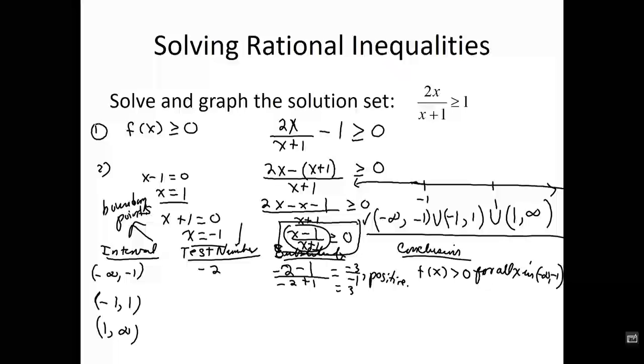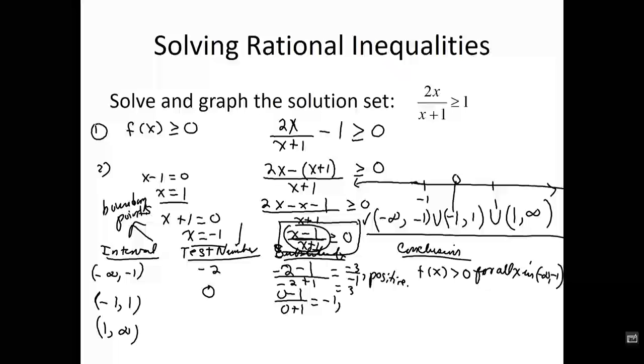All right, in the next interval, the numbers greater than negative 1 and less than 1, let's choose a test value. So we're in this interval now. Let's choose 0. So let's evaluate x minus 1 divided by x plus 1. When x is 0, we have 0 minus 1 divided by 0 plus 1, which is negative 1.